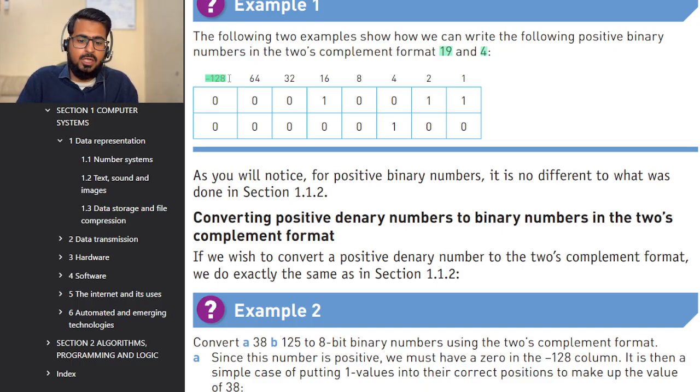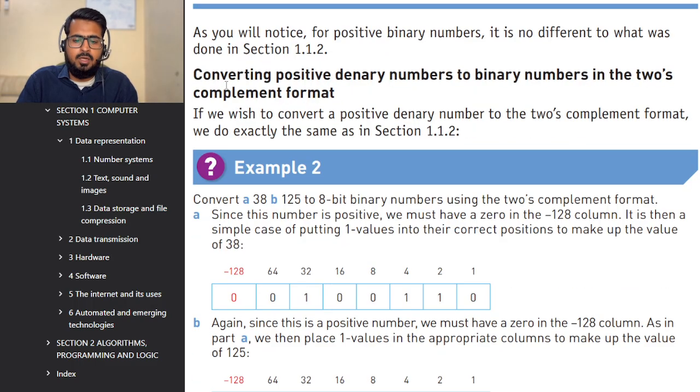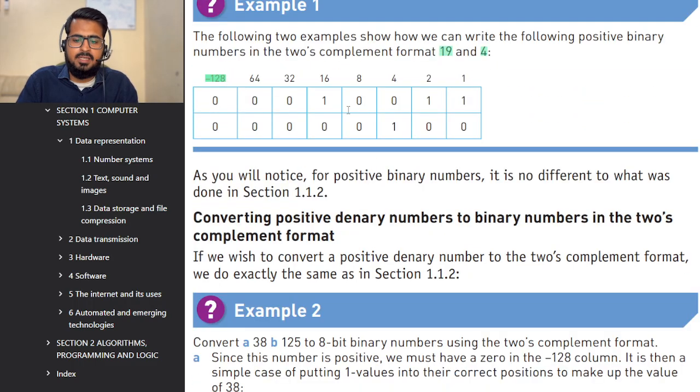You need to put a negative sign on the leftmost bit just to tell the examiner that you know the concept. Otherwise, everything is the same. We are doing the conversion of 19 as we did in normal binary. 16 plus 2 plus 1 is equal to 19, and 4 is equal to 4.